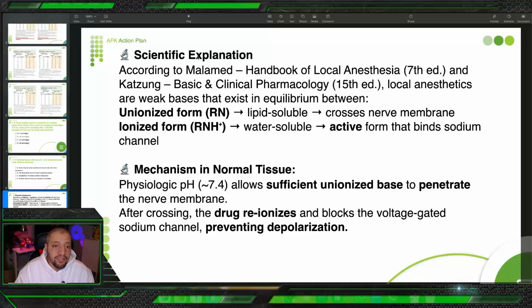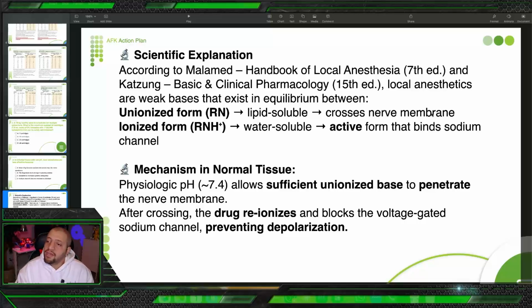But the problem here in this question is that we have an acidic medium. So what's going to happen here? Local anesthetics are weak bases that exist in equilibrium between the non-ionized form, which is RN, and the ionized form, which is RNH. Non-ionized is lipid soluble, easy to penetrate and cross the nerve membrane.